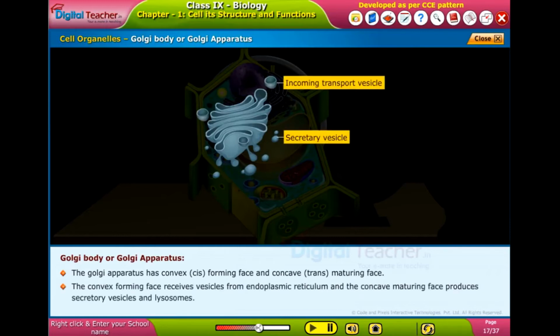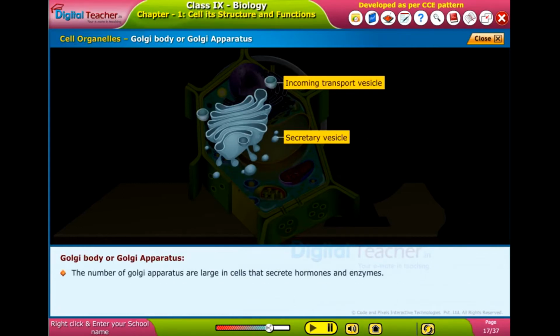The convex forming phase receives vesicles from endoplasmic reticulum and the concave maturing phase produces secretory vesicles and lysosomes. The number of Golgi bodies varies from cell to cell. The number of Golgi apparatus are large in cells that secrete hormones and enzymes.